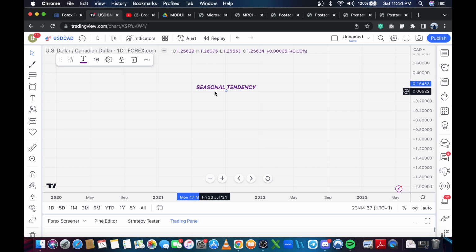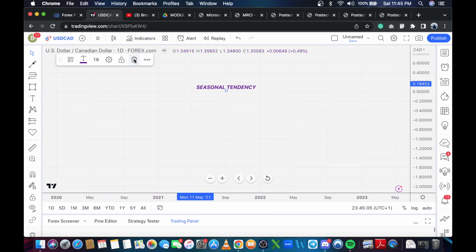All we're saying is we're looking for on our seasonal chart, which I'll tell you where you can get them from, we're looking for seasons where there's a very strong displacement, and we compare them up against another asset where there's a strong displacement counter to the first asset we're comparing against, that we can use that to create a very strong confirmation for our quarterly shifts. So what we want to do with seasonal tendency is we want to pair up a very strong seasonal tendency against a very weak seasonal tendency, just like in the example of the relative strength.